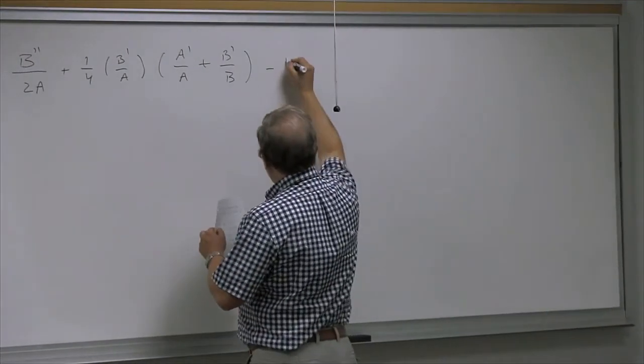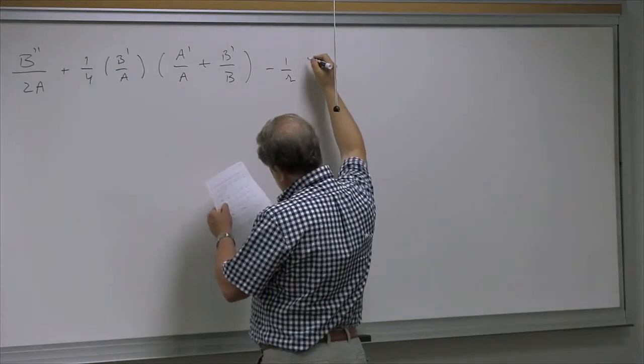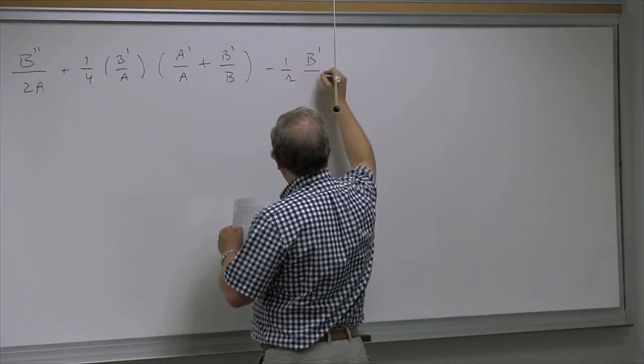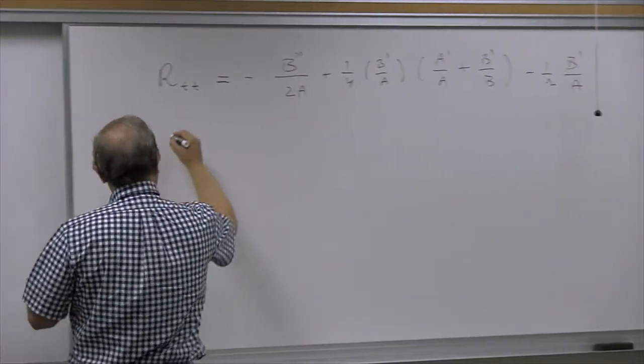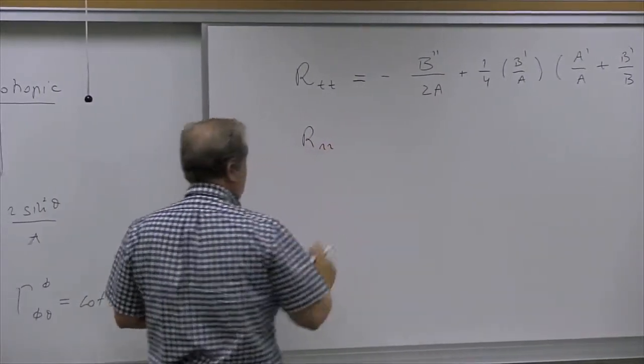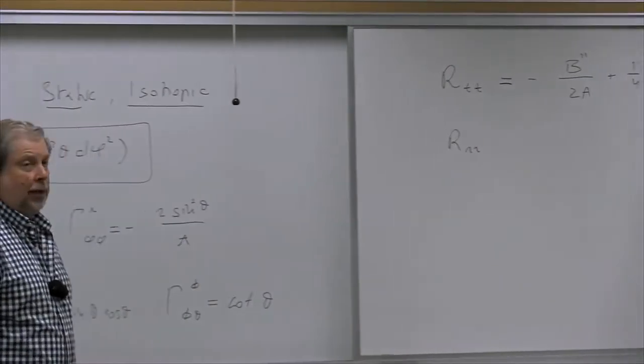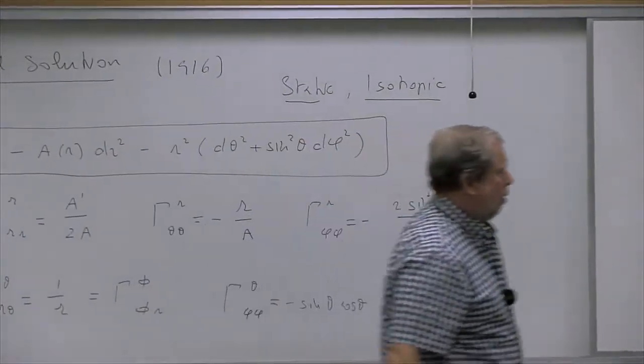And then minus 1 over R times B prime over A. And so that's the first equation, R_TT, which is going to be equal to 0, right?